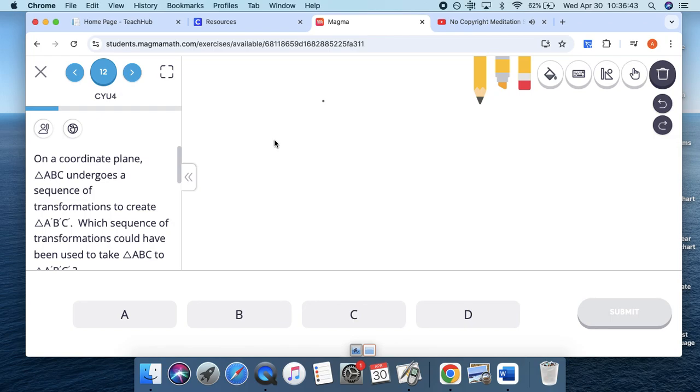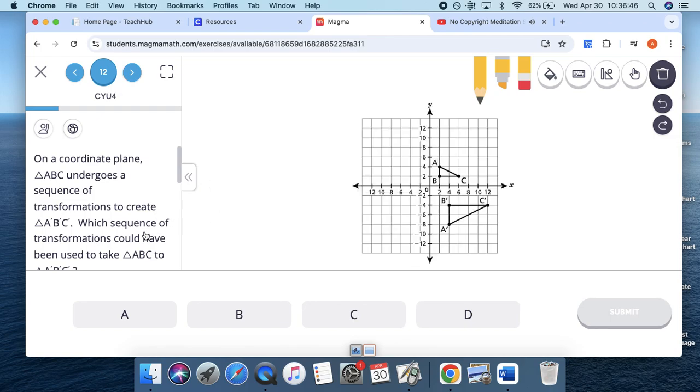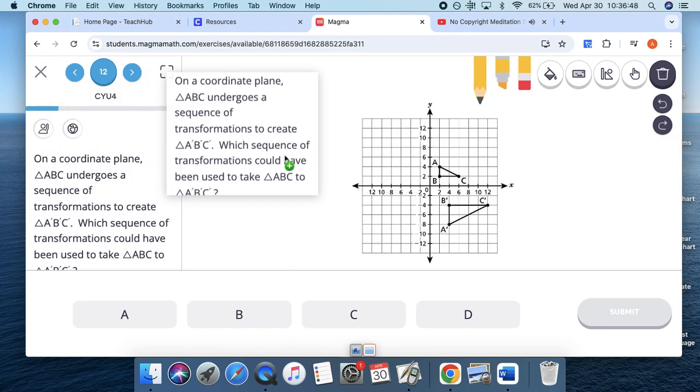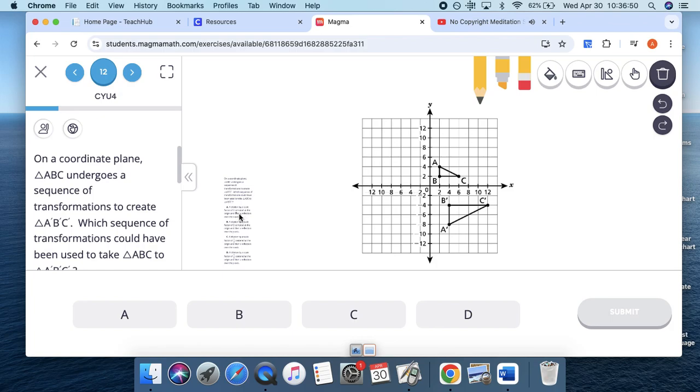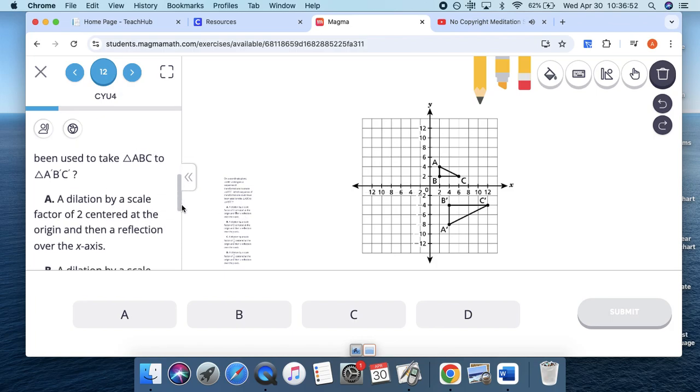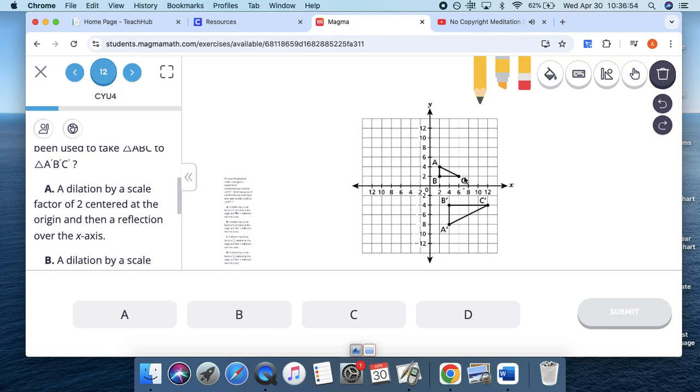Next, which sequence of transformations? Oh boy, I can't read this. A, so definitely there's a translation. So first thing I'm looking for, well, obviously it's not translation, it's dilation.